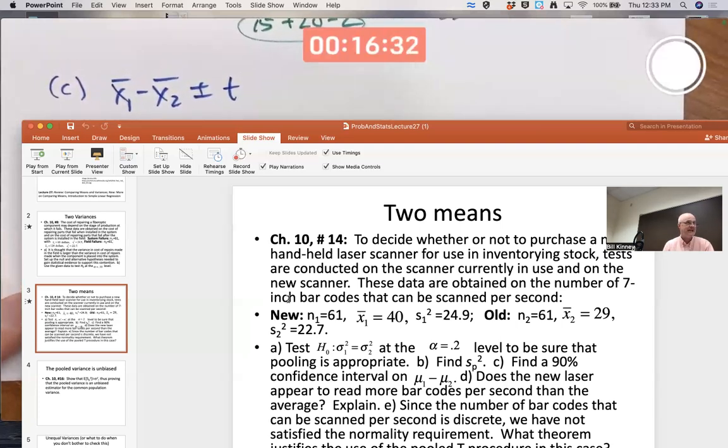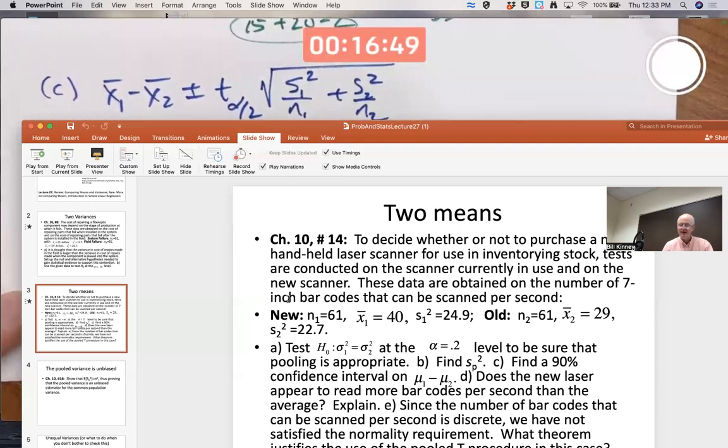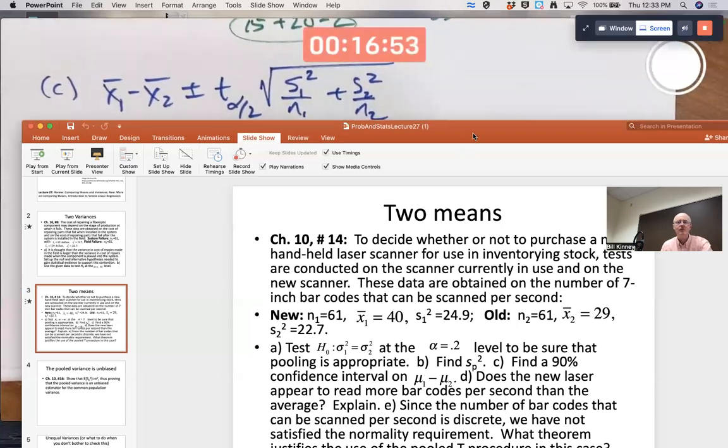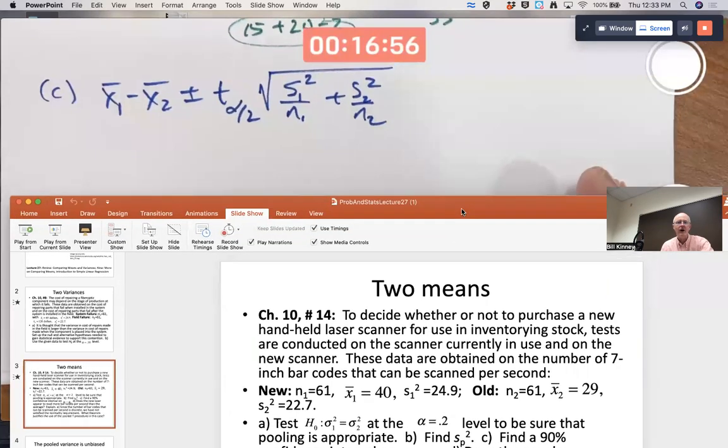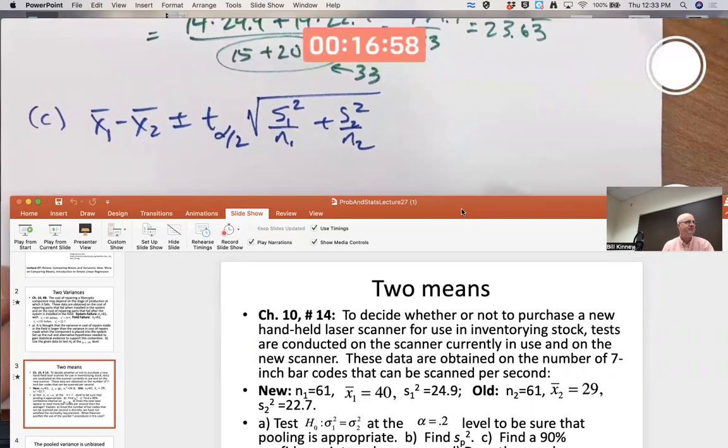With means, use t as your special multiplier of your standard error. In general, the standard error is square root of s1 squared over n1 plus s2 squared over n2. But in the case where you pool, s1 squared and s2 squared gets replaced by the pooled variance.